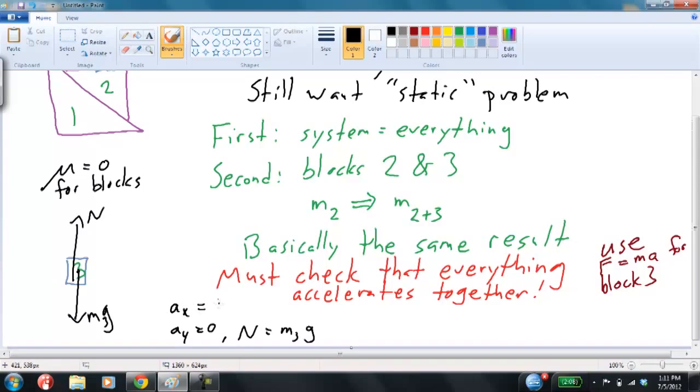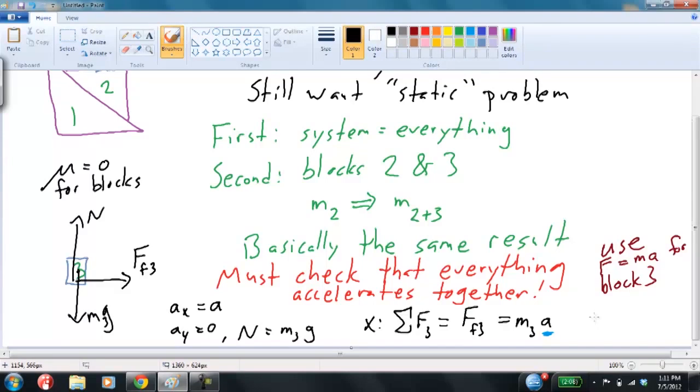Add a friction force? Yes, it has a friction force. So I'm going to have F3, the friction force on block 3. When I look at the x forces on block 3, I find that it's F3, and F3 has to equal M3 times A, and this is the same A as all throughout the problem.